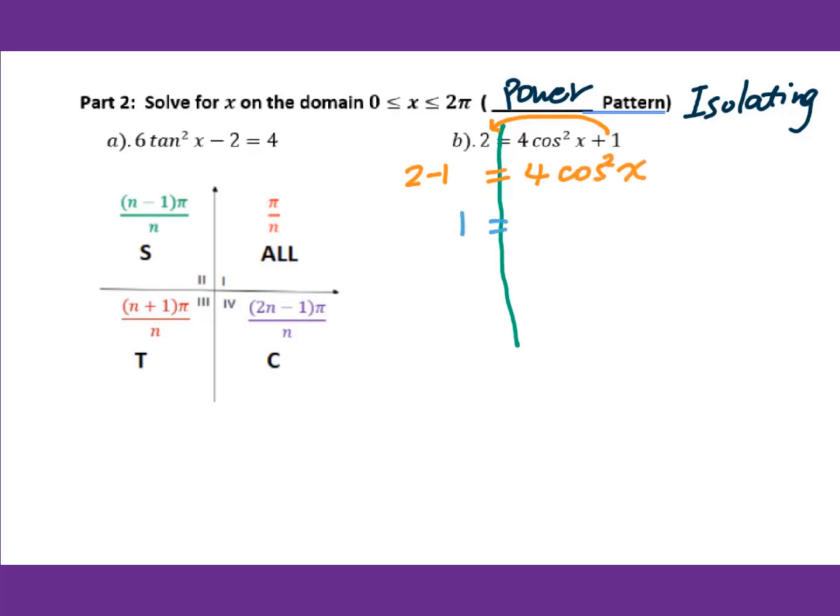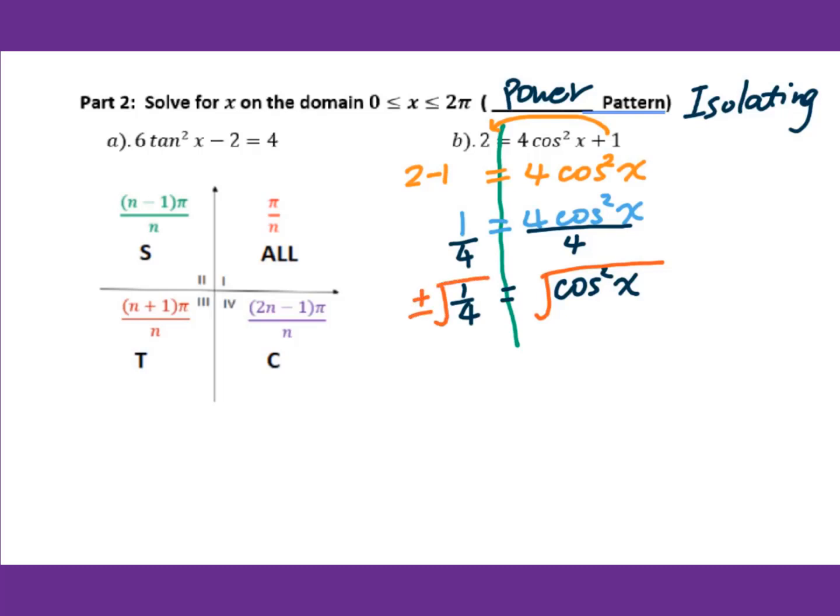We got 1 equals 4 cosine squared x. Then we divide by 4 on both sides. You will get cosine squared x equals 1 over 4. Then square root both sides. Don't forget plus or minus. We got cosine x equals plus or minus 1 over 2.